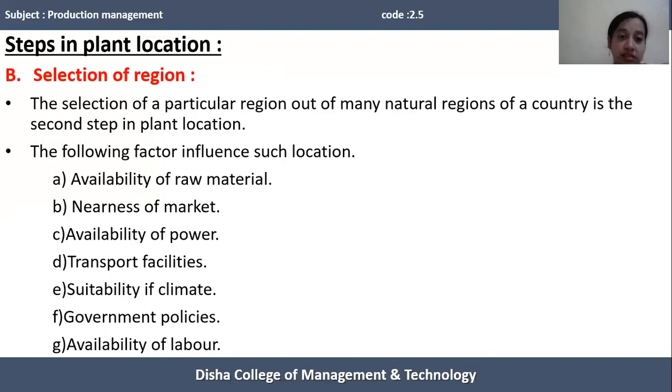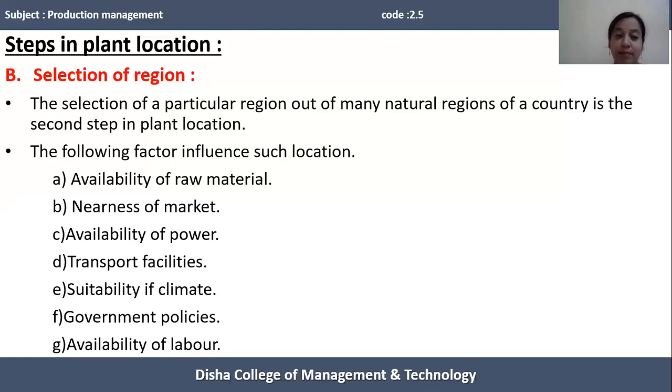The next factor the industrialist must consider is availability of power. The power factor also plays a vital role for some industries. Take the example of steel manufacturing and aluminum manufacturing industries. Generally, they are highly power intensive. They consume high power for producing the goods.